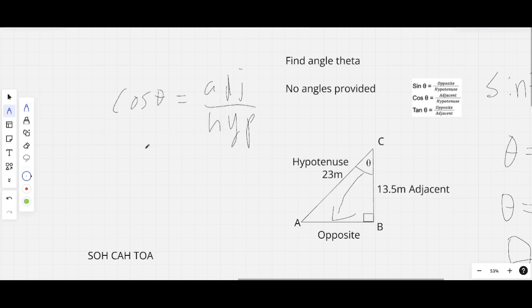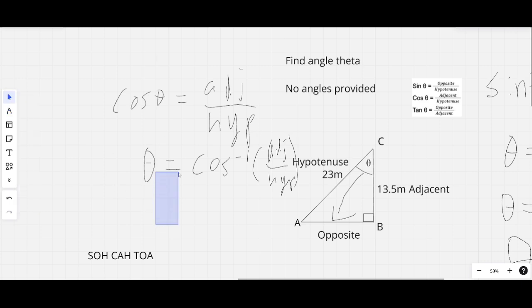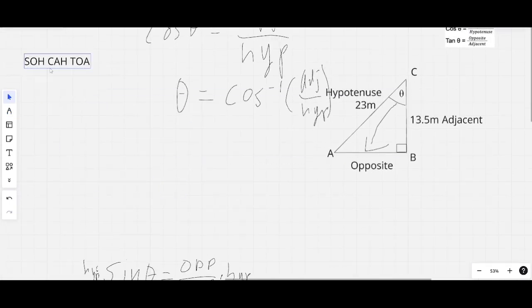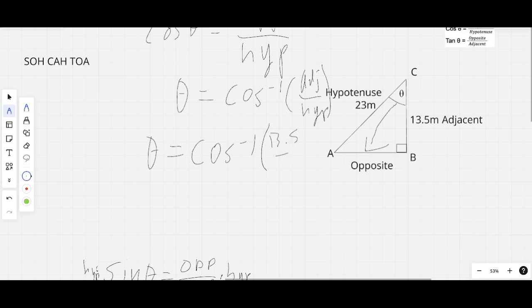So, like I said again, rearrange for theta. Adjacent over hypotenuse. And now let's plug in our values. Theta is equal to cos inverse of 13.5 divided by 23.